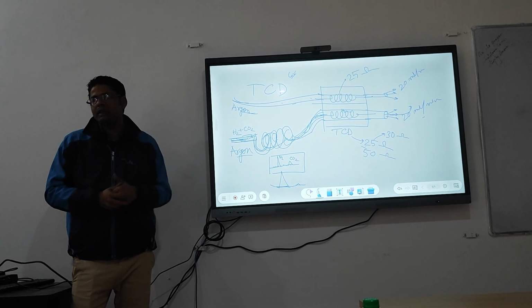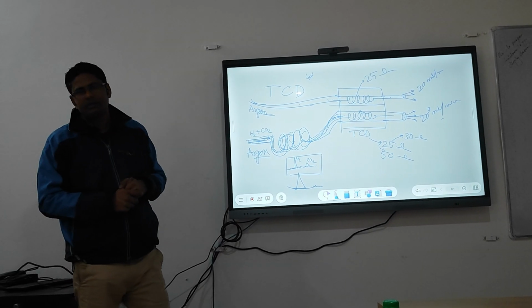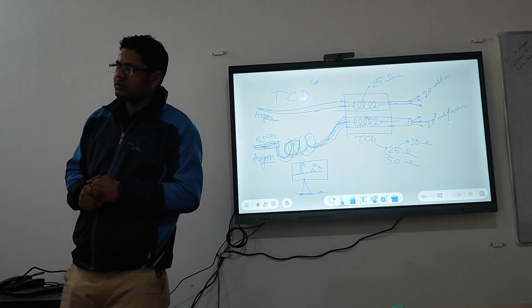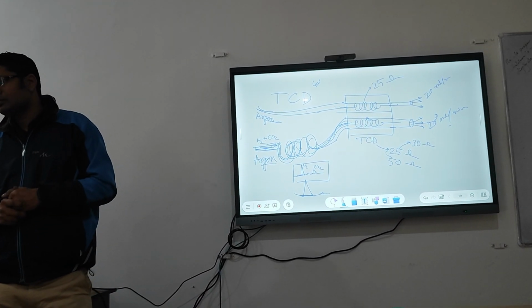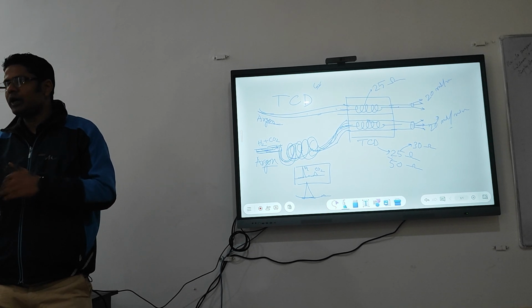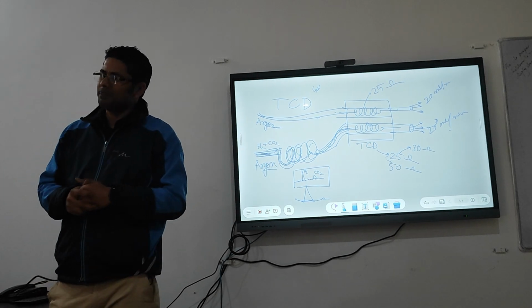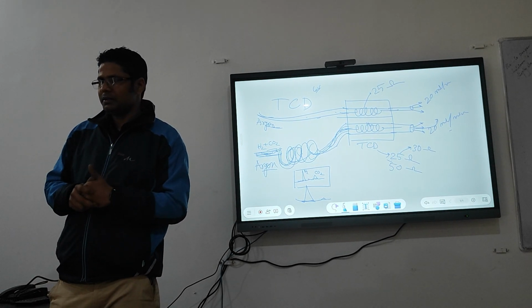The amplifier capacity is increased. I'm talking in terms of concentrations: if you go on increasing the concentration, you cannot go beyond 100%. So we have calibrated the system up to 100% so that it does not saturate.